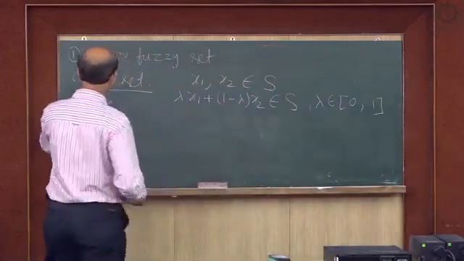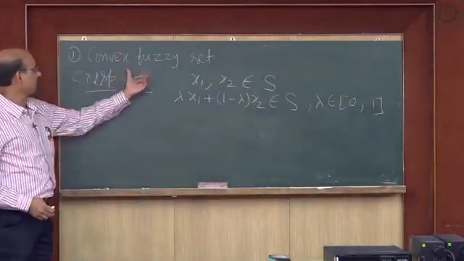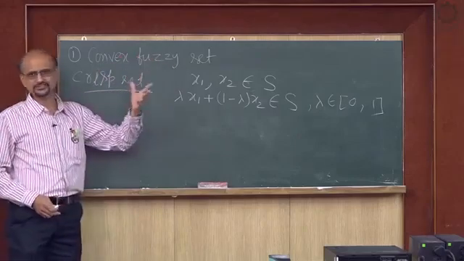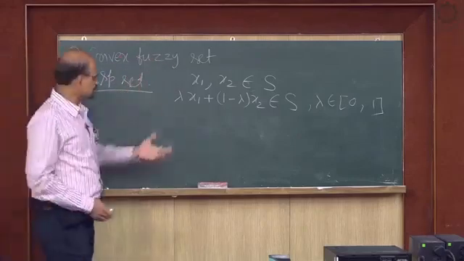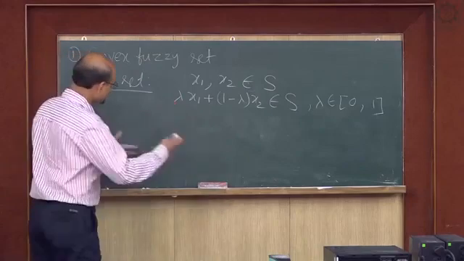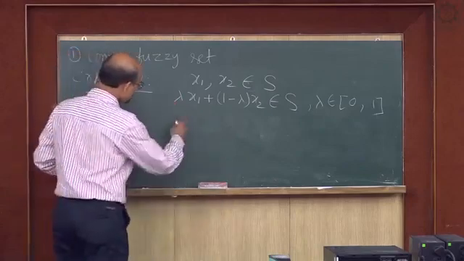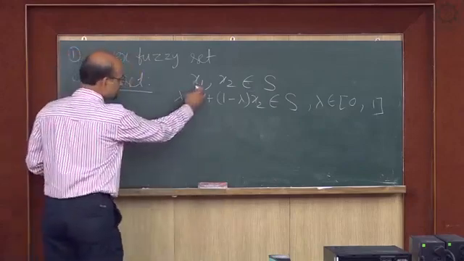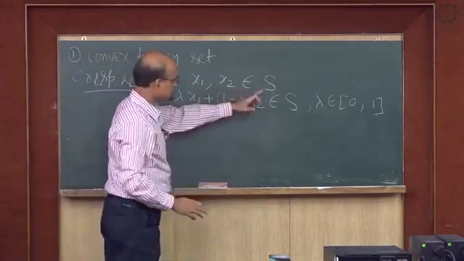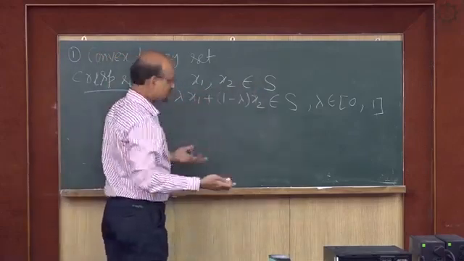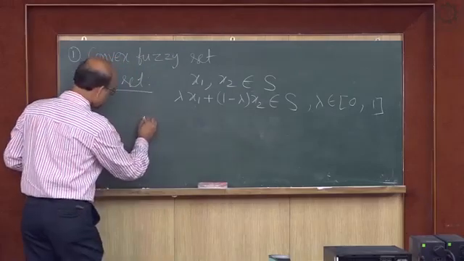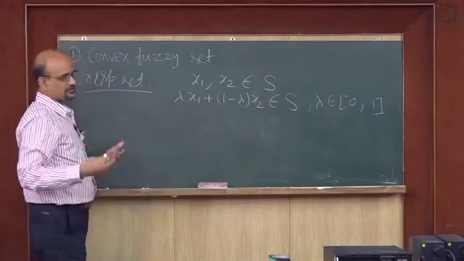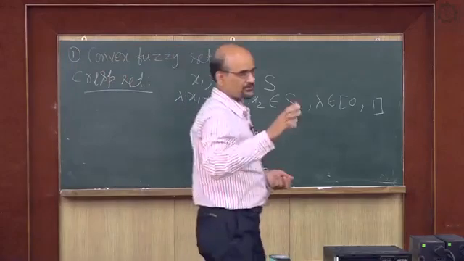Now, from here let us define what is the convexity for a fuzzy set. Okay. So, here it is the same actually, a little bit of extension. So, here this x1 and x2 belong to the fuzzy set, suppose now A bar or S bar. So, whenever we are talking about a fuzzy set, you think about the membership function.